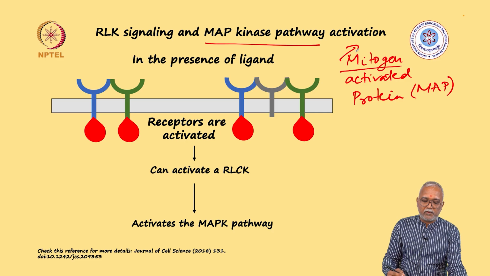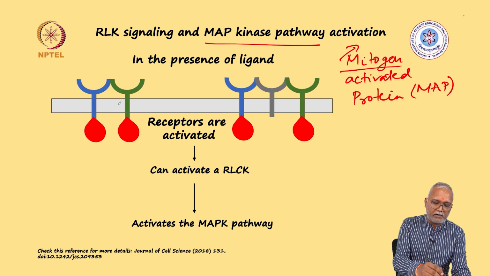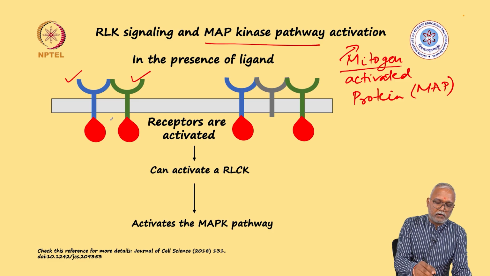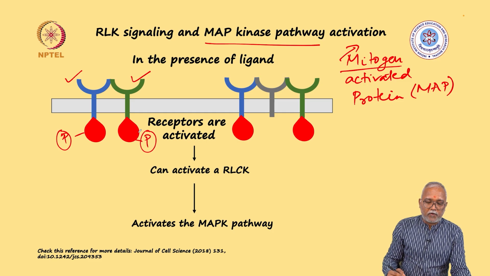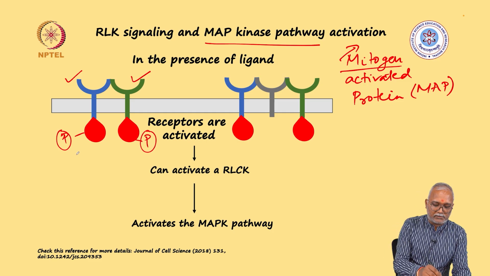So, how does this signaling work? Think about the receptor present on the cell surface. The two receptors come together, and this dimerization event induces phosphorylation. Remember, one of the first events is autophosphorylation of the receptor, and this makes it active.